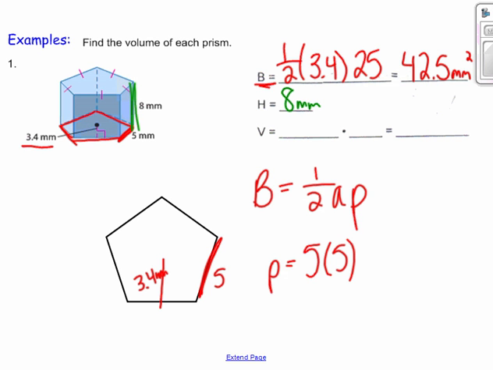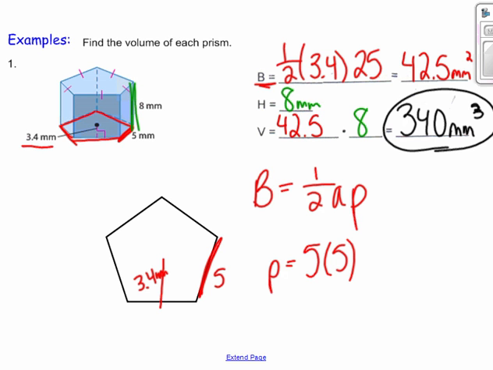Now be careful, what's different between volume and surface area is that I am multiplying these two numbers now. I'm going to take the 8 and the 42.5 and multiply them to get 340 millimeters squared, or millimeters cubed, I'm sorry.